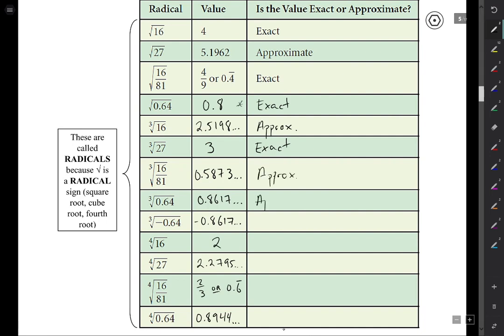So I'm just going to put approx for all of them because those decimals go on forever and they are random numbers. But for the next one here, this is definitely an exact number. We know the entire thing. Then for the next one, we have an approximate number because that decimal is random. Then for the next one here, look, this number can be written as a fraction, or if you put that in your calculator, you'll get a repeating decimal. So that means it is an exact number. And the last one would be approximate.